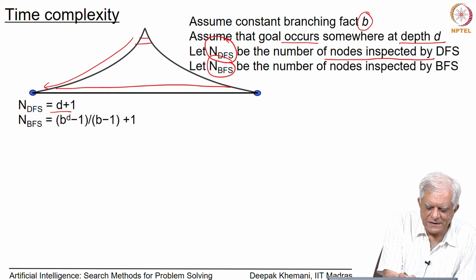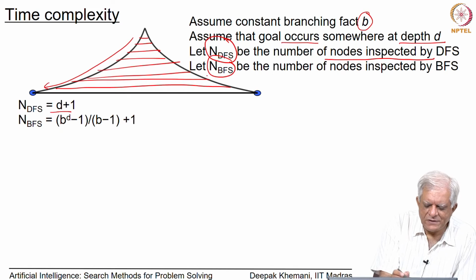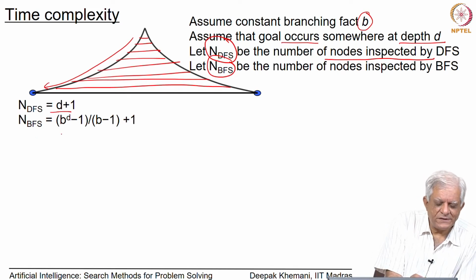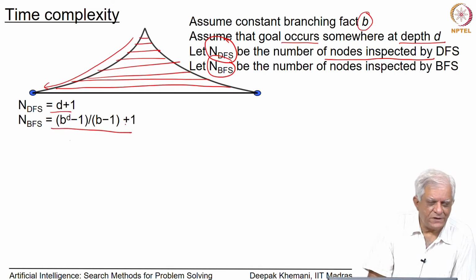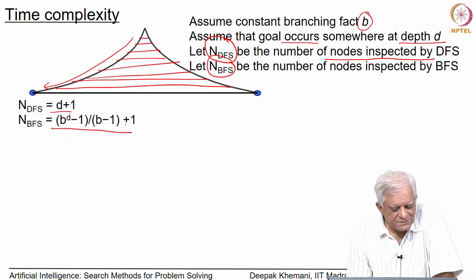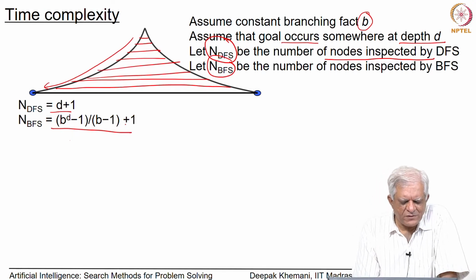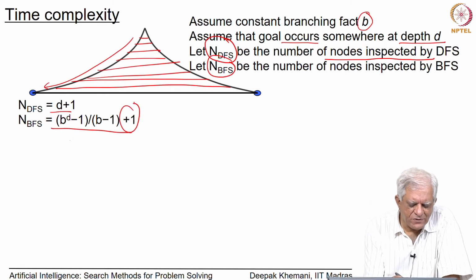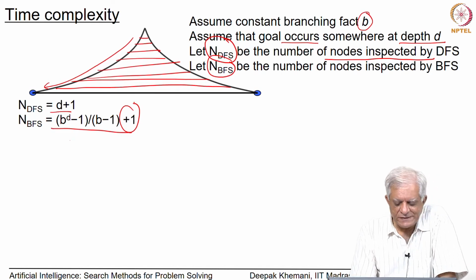So, it would have started like this. So, it has seen all these nodes, and you can verify that the number of nodes which is growing exponentially is given by this expression b raised to d minus 1 upon b minus 1 plus 1. When doing complexity analysis, we may tend to ignore these small constants which occur on the way.